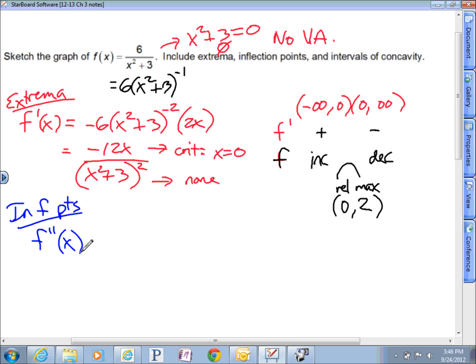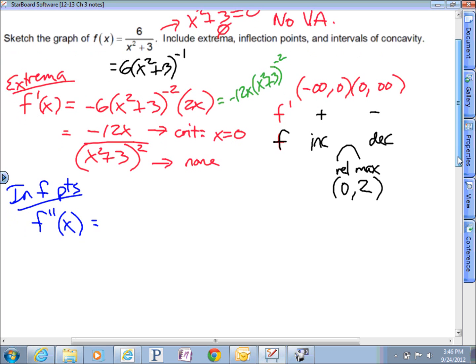Second derivative. I'm kind of a fan. Well, this derivative isn't going to be quite so much fun. I'm going to guess that a lot of people will like dealing with this version of the first derivative, negative 12x times (x squared plus 3) to the negative second. So I'm going to take the derivative of that, and I'm going to do a little product rule.